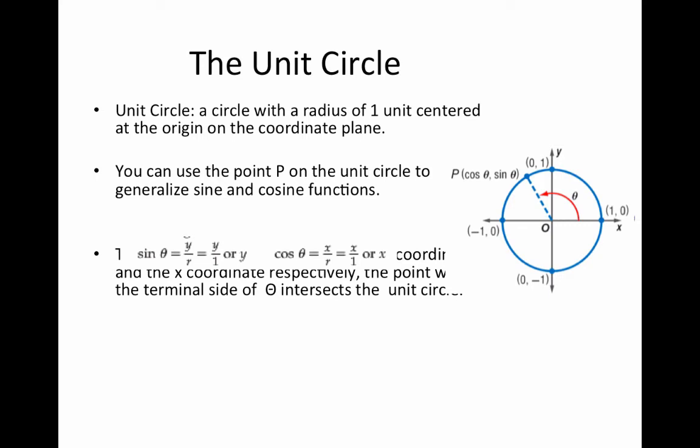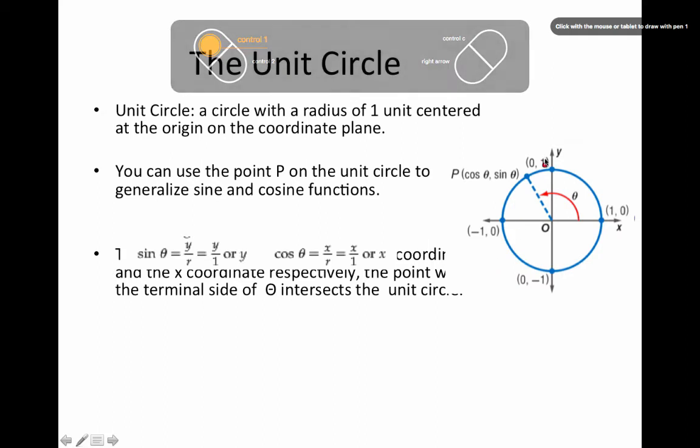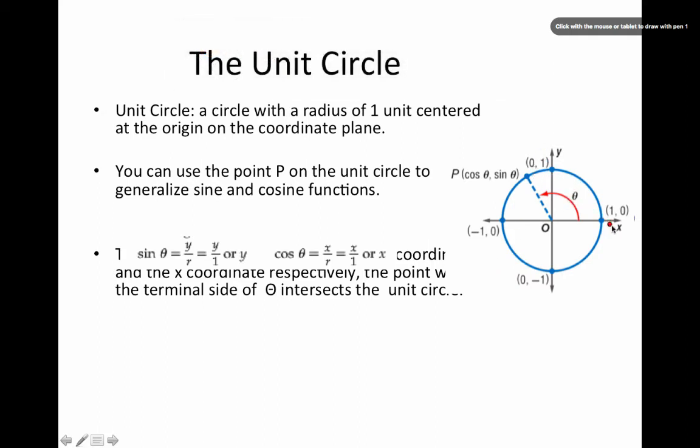Okay, the unit circle is going to be a circle with a radius of 1 unit. So the beauty here is that we have an r equal to 1. If you remember back, sine was equal to y over r and cosine was equal to x over r.